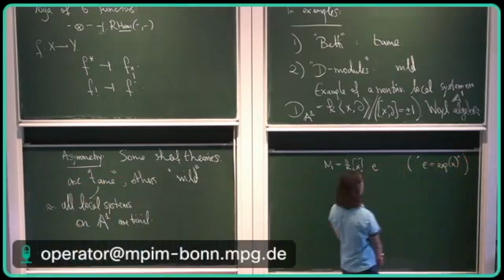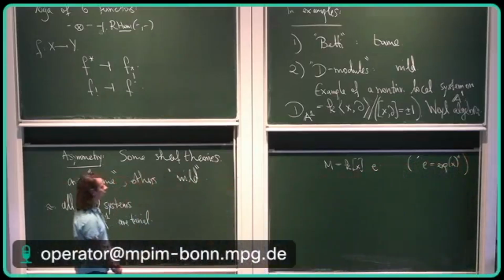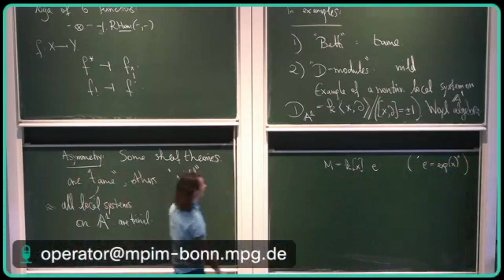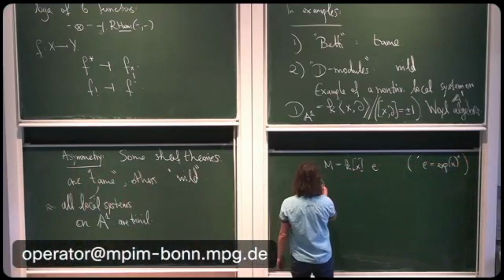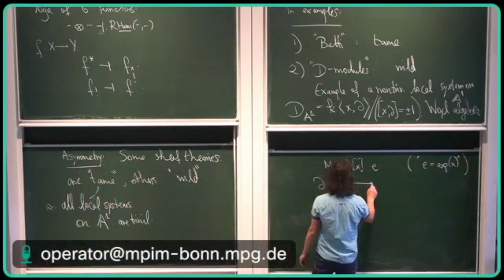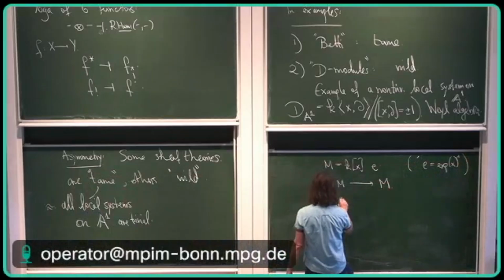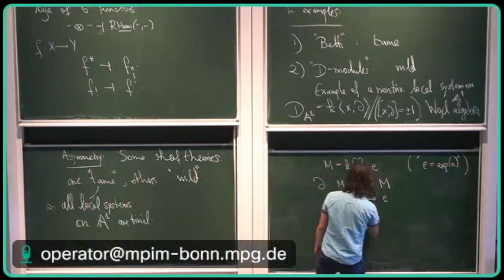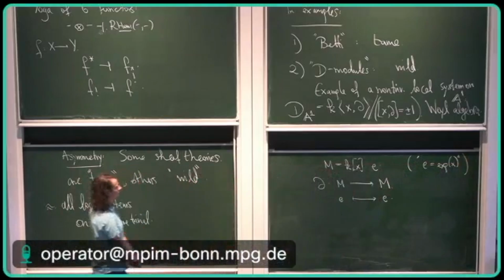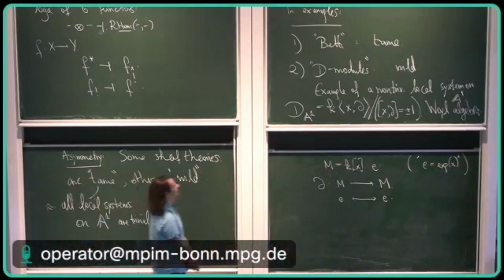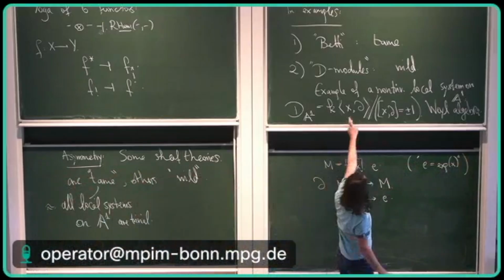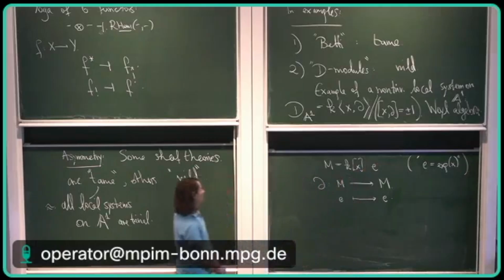But of course, the exponential of x doesn't make sense as an algebraic function. But still, we can determine what the operator nabla should be. Namely, the exponential is characterized by nabla not doing anything to the exponential. So E just maps to E. And then you can uniquely extend this to any polynomial.